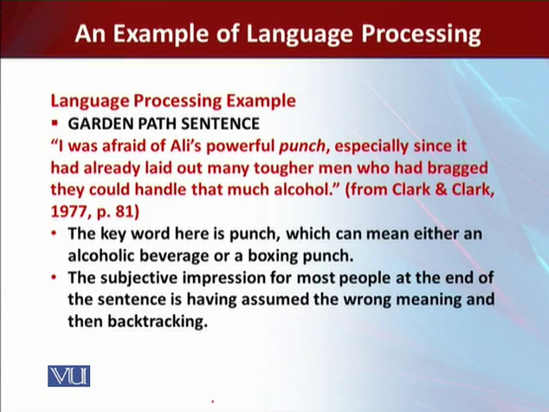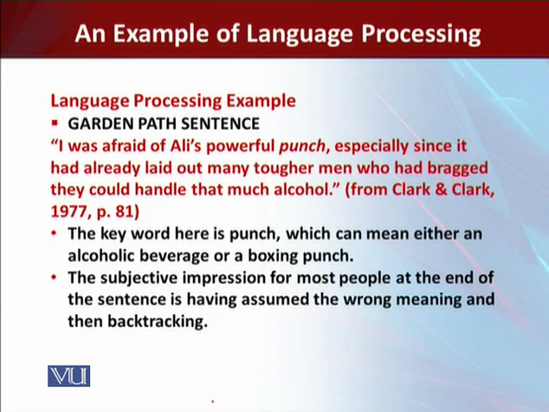Now it contains a group of words or word group which appears to be compatible with more than one structural analysis. A garden path sentence is often or primarily a grammatically correct sentence, but it leads readers to an unlikely interpretation, which yields unintended meaning.